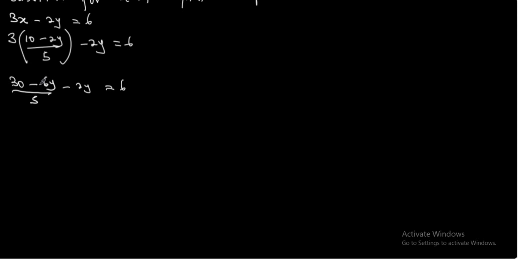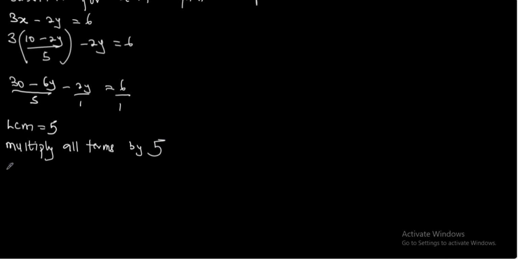this 30 minus 6y has a denominator of 5. The denominator for 2y is 1. The denominator for 6 is 1. For us to clear this denominator, the fraction part, the LCM for all the denominators is what? 5. So we multiply all terms by this LCM, which is 5.